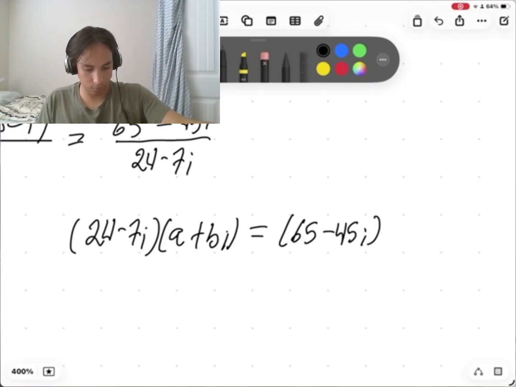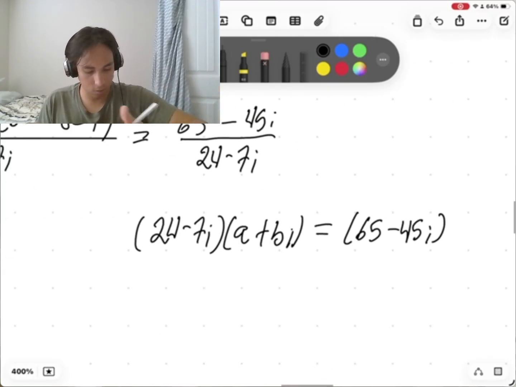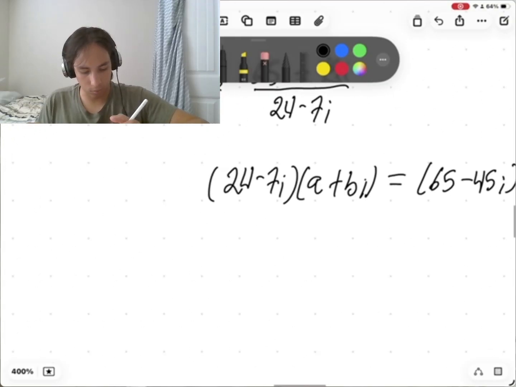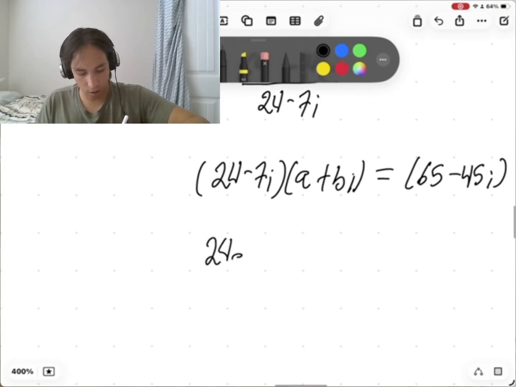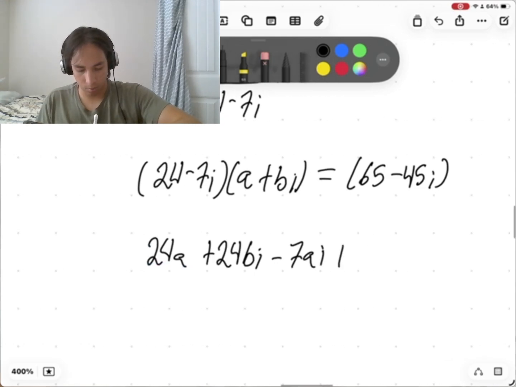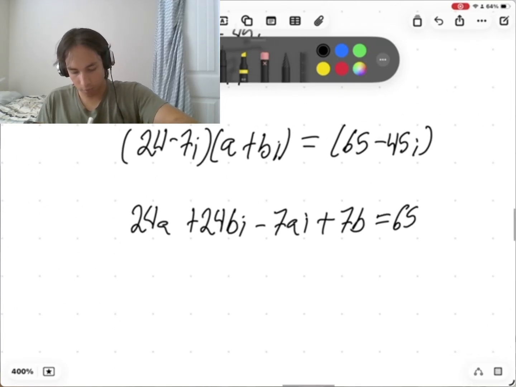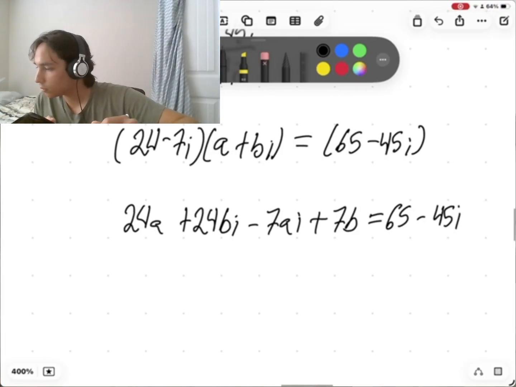This is going to be the answer to this fraction, the result of the division. So we can multiply. This is going to be 24a plus 24bi minus 7ai plus 7b equals 65 minus 45i.